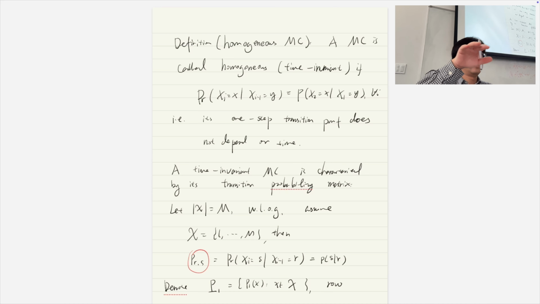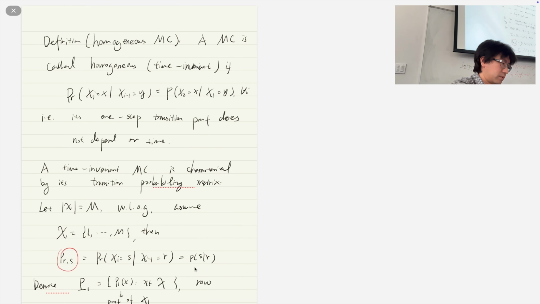So this is a probability distribution of X; this is the PMF of X1. So this is basically the probability distribution of X1, and then we have the transition probability here, and let's see what we can do with both of them.